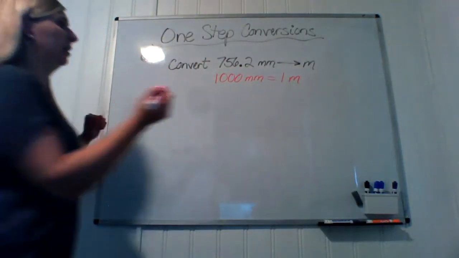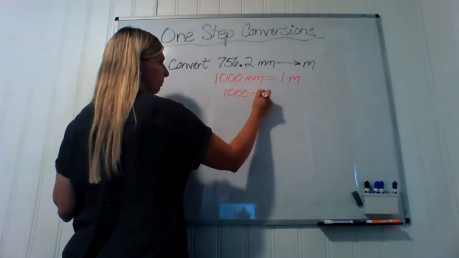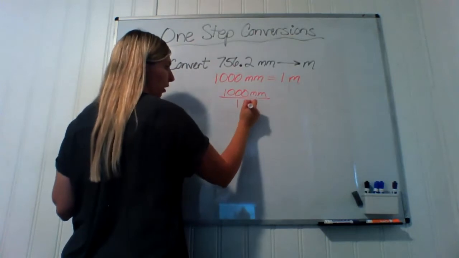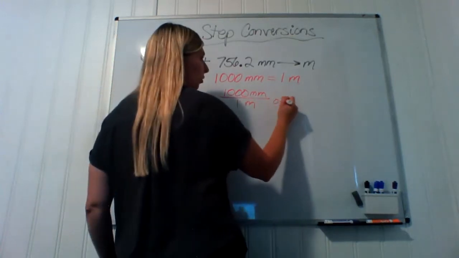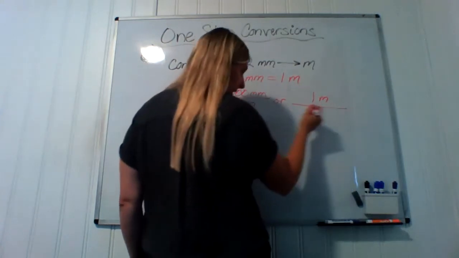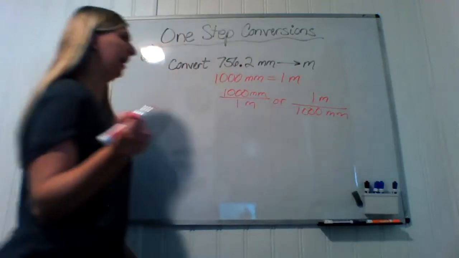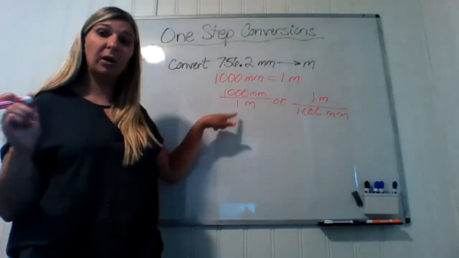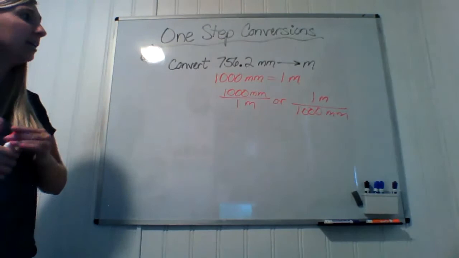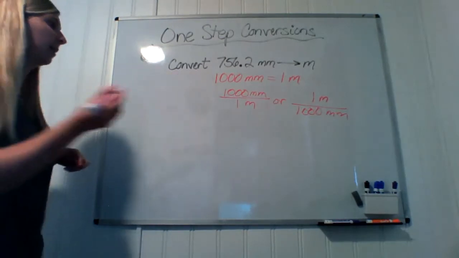So that tells us that there is 1,000 millimeters per 1 meter, or we can say 1 meter has 1,000 millimeters, okay? So we have two different ways that we can communicate the equivalence in conversion factors.